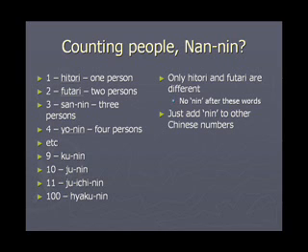Nananin, 7. It goes on like that. As you can notice, only hitori and futari seem to be derivatives of the Japanese counting system, whereas from san-nin onwards you have switched over to the Chinese system. We also use the suffix nin from 3 onwards. So that's how the counting of people goes.